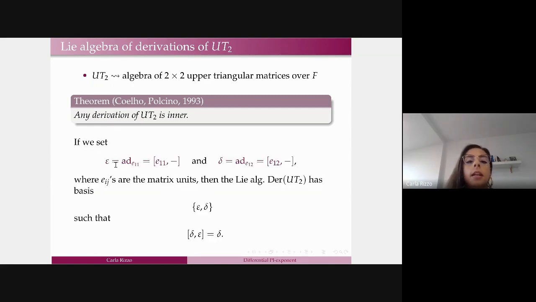In particular, for the case of UT2, if we consider these two inner derivations, epsilon, the derivation induced by E11, and delta, the derivation induced by E12, then these two derivations are a basis for the Lie algebra of derivations of UT2, and the product of these two derivations is this one. So the commutator of delta and epsilon is equal to delta.